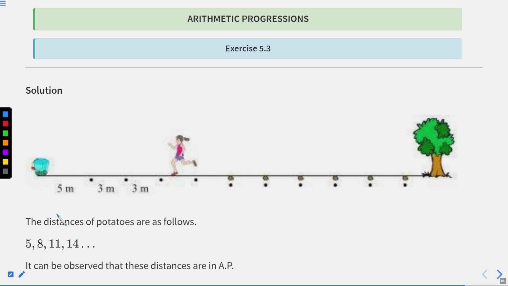So here the distances of the potatoes are as follows: 5, 8, 11, 14, dot dot dot. It can be observed that these distances form an AP.